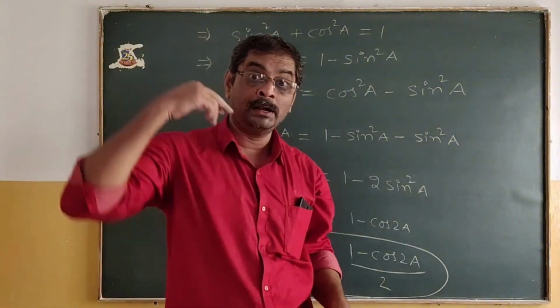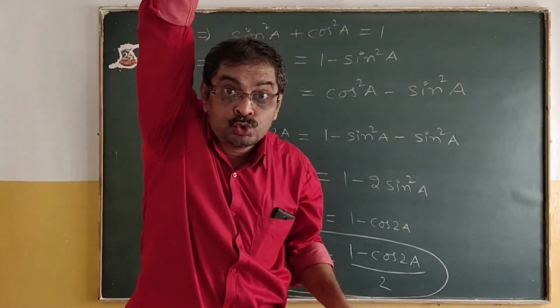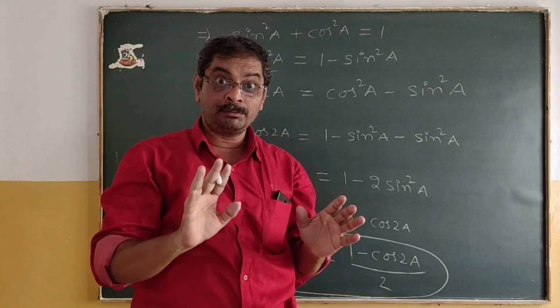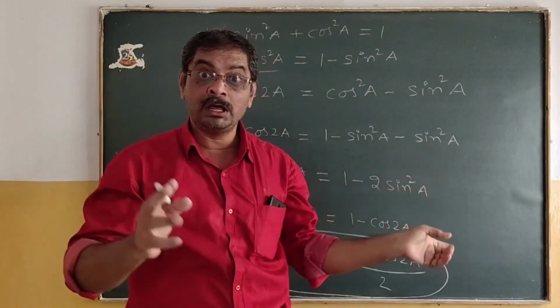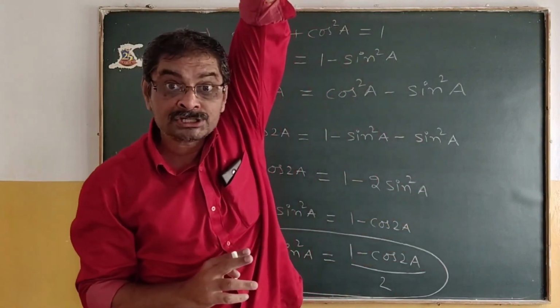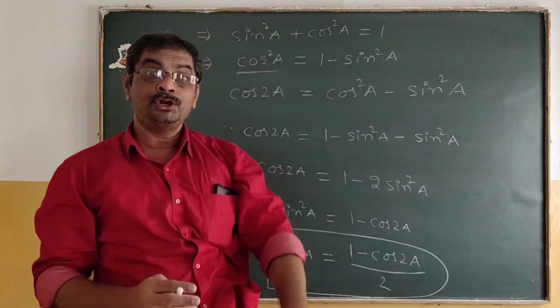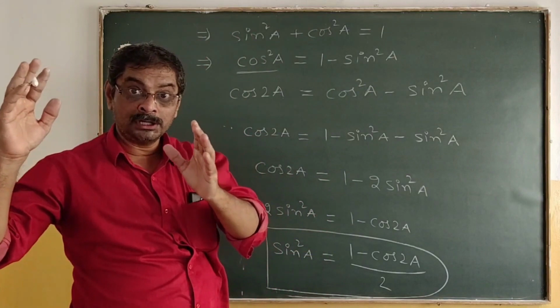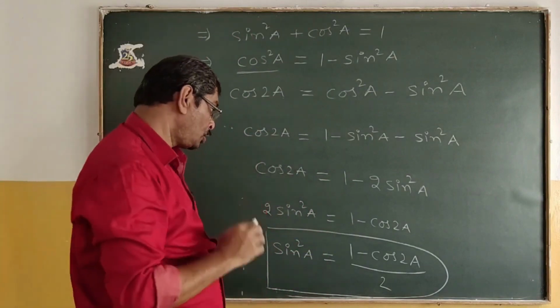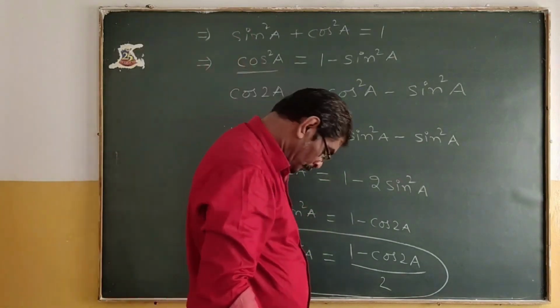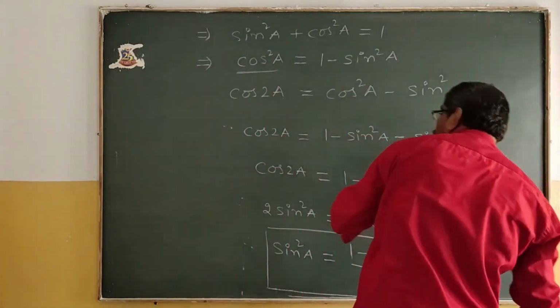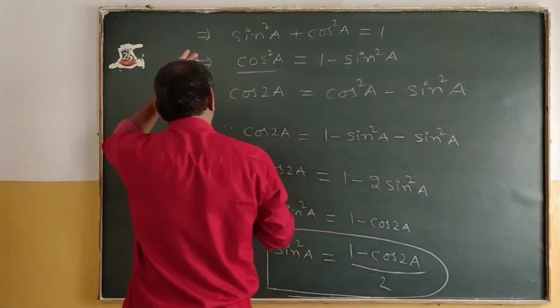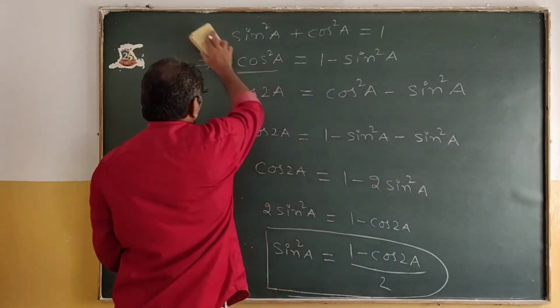Cos square A will be numerically equal to 1 plus cos 2A divided by 2. Similarly, sine square A will be numerically equal to 1 minus cos 2A divided by 2.